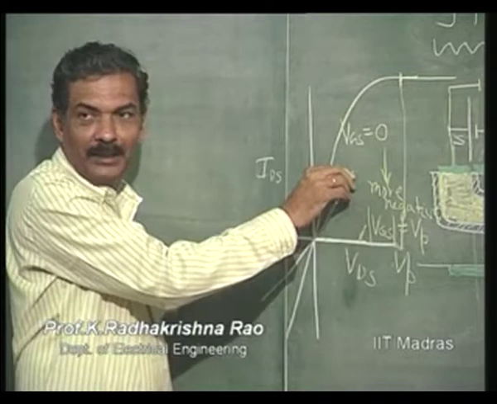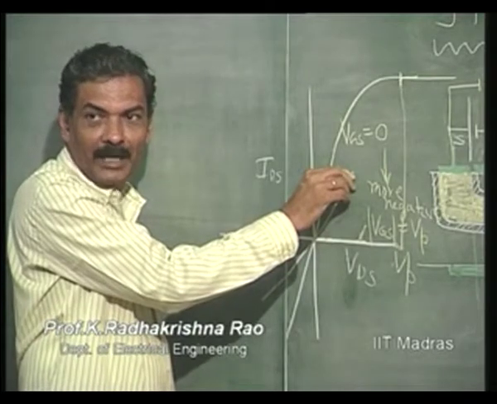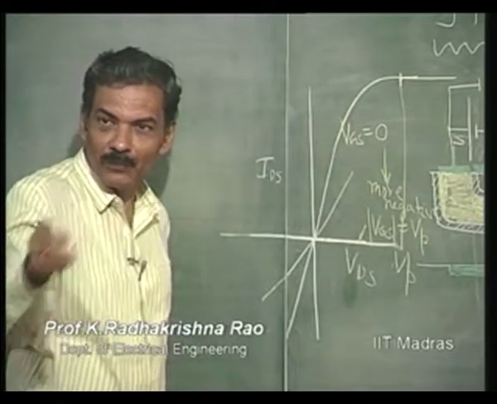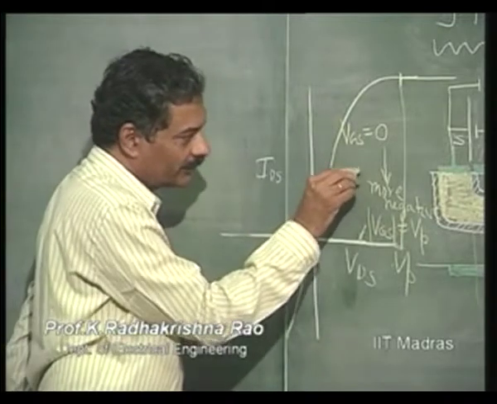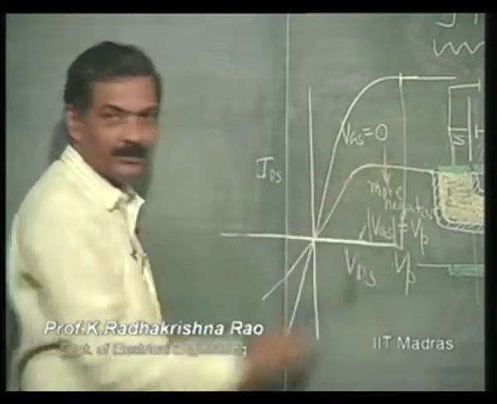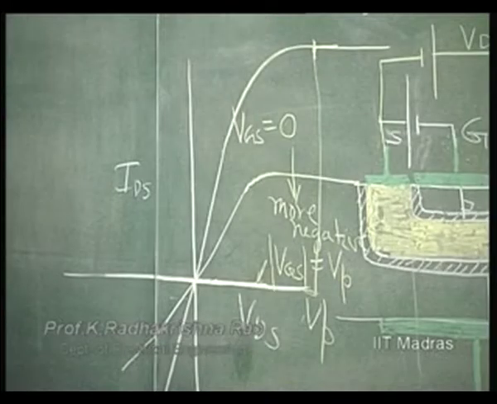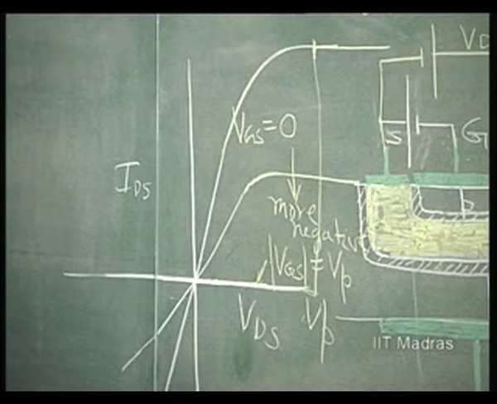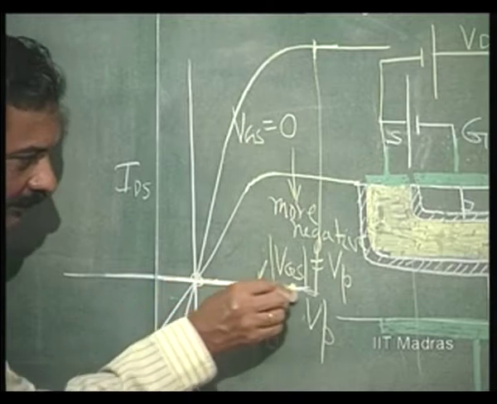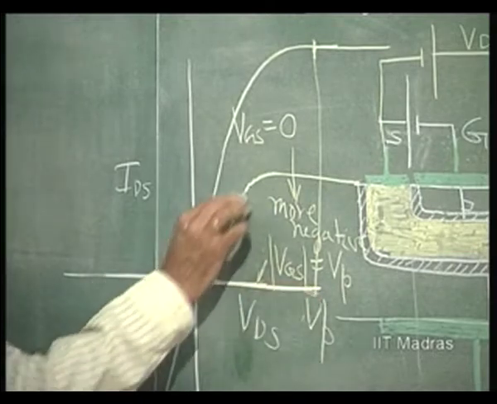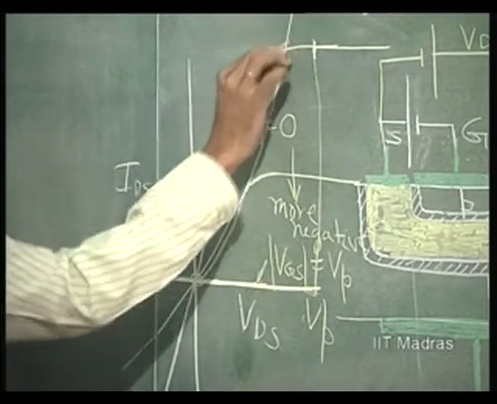So, at VGS equal to minus 1 volt, this will go to saturation. Let us say VGS equal to minus VP, then VDS equal to 0 itself, pinch off occurs. So, this is the kind of pinch off characteristics.